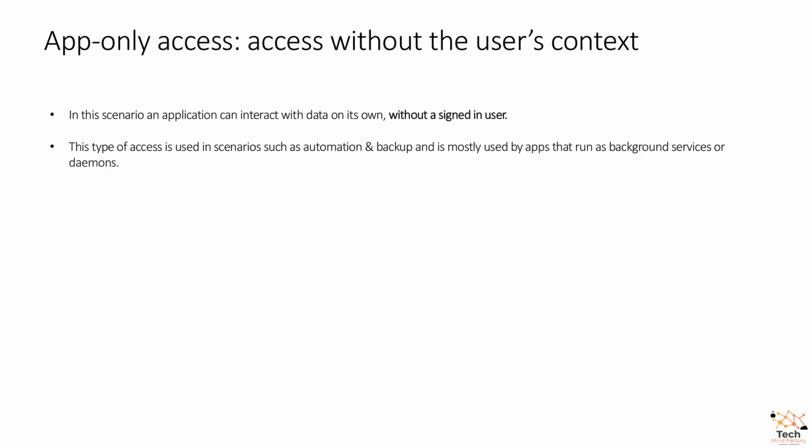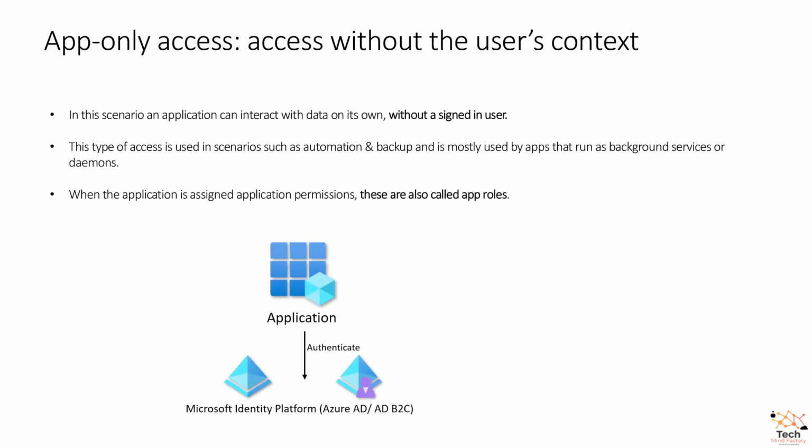Yes, so in this case we will need application access, so this application can access resources without the user context. When an application is assigned application permissions, these are also called app roles. Yes, so in this case, to make sure that the application can call a secure resource like Microsoft Graph, we have to declare application permissions, not delegated permissions for the users, because we mentioned that there will be no user context.